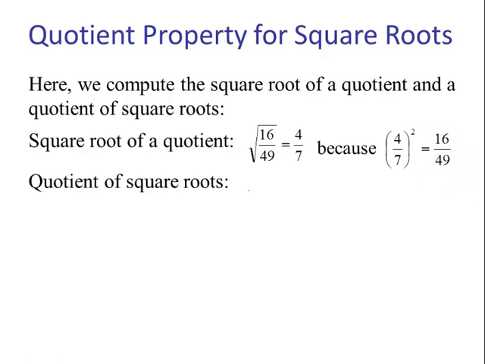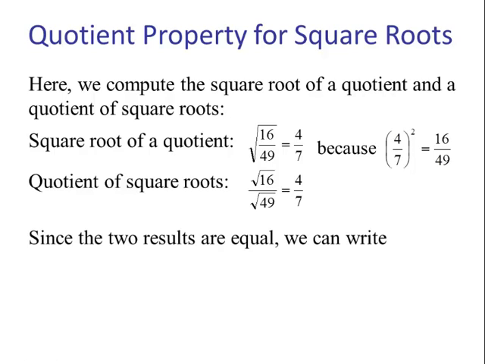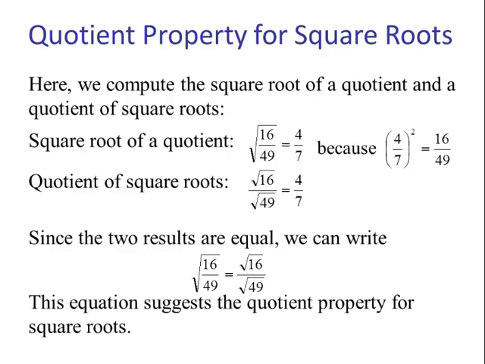Quotient of square roots: square root of 16 divided by square root of 49 is 4/7. Since these two results are equal, we can write the square root of 16 divided by 49 is equal to the square root of 16 divided by the square root of 49. This equation suggests the quotient property for square roots.